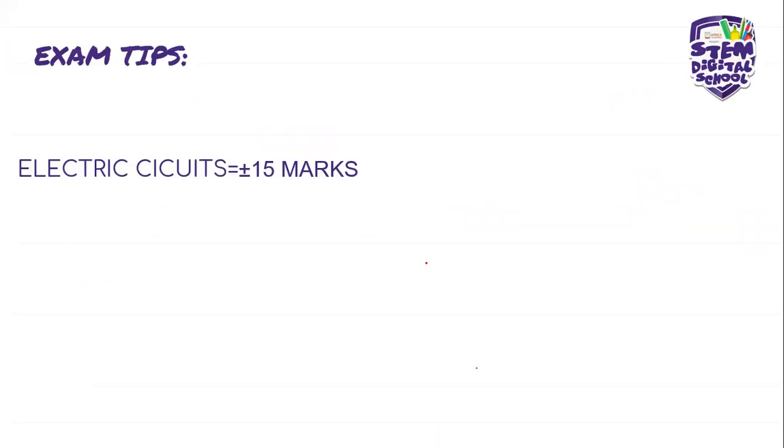So remember, my dear learners, electric circuits count plus minus 15 marks, and that is for paper 1. And you can really do well in this section. I've really tried to make it easy for you, but I want you to appreciate the fact that you have to do some digging, you have to do some groundwork, you have to interpret, and you must be able to see if the answer is not making scientific sense and when it is making scientific sense.